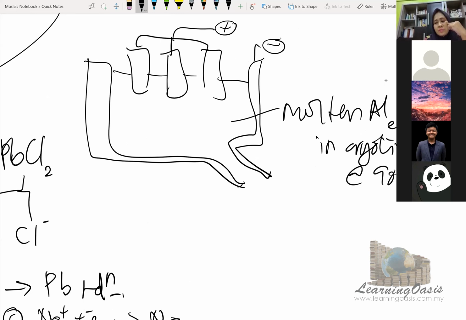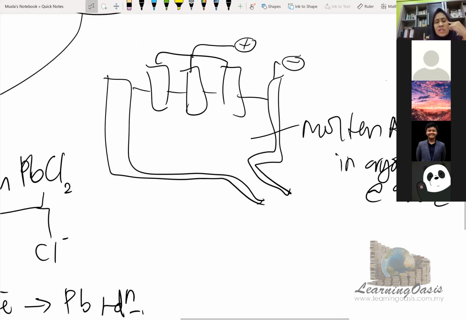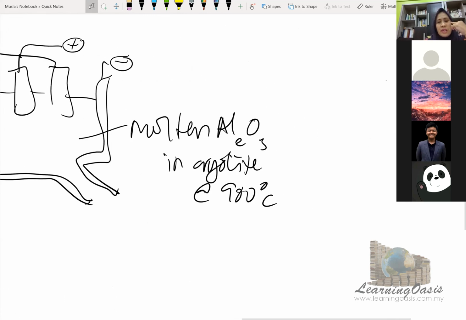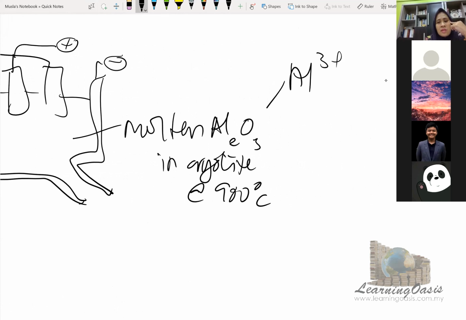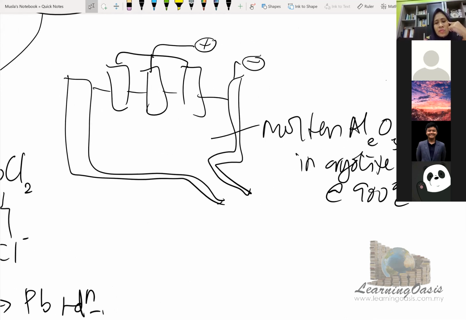Right. Now, what ions are present? We have Al3 plus and O2 minus. Now, what goes to your cathode?